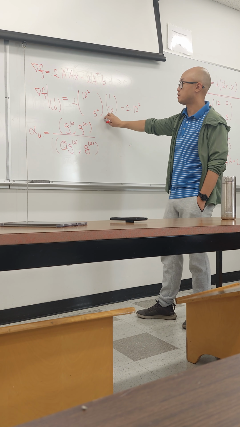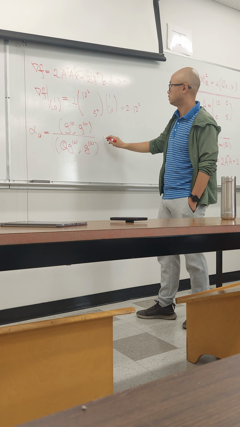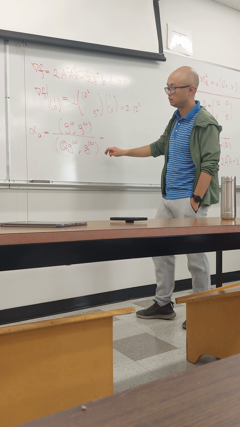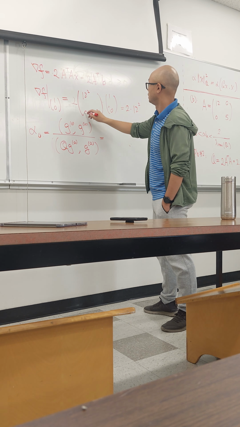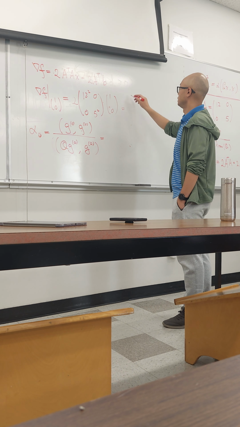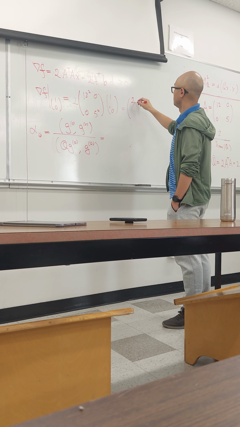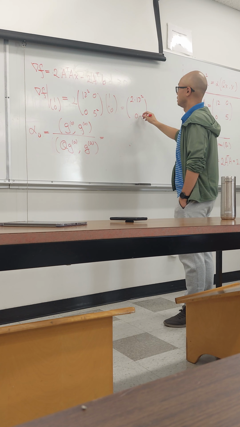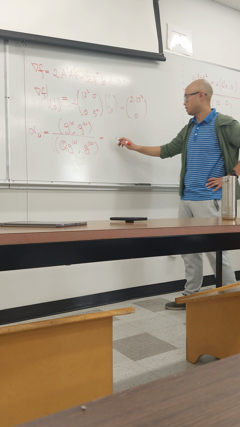I mean G0 is this gradient. Sorry. What am I doing? My bad. This is a vector. So the first row is going to be 2 times this. My bad, sorry.